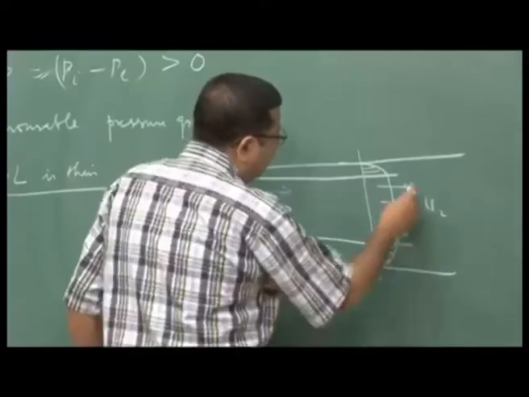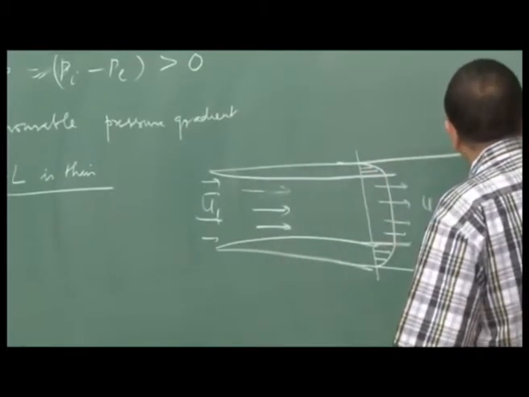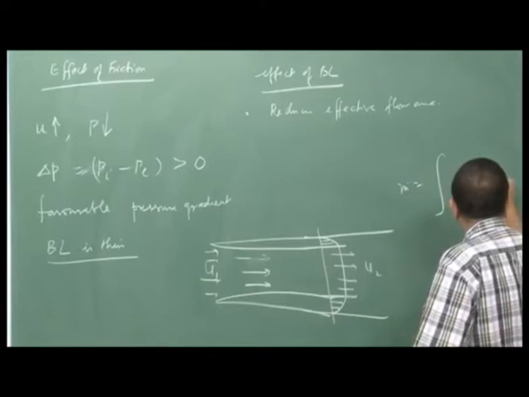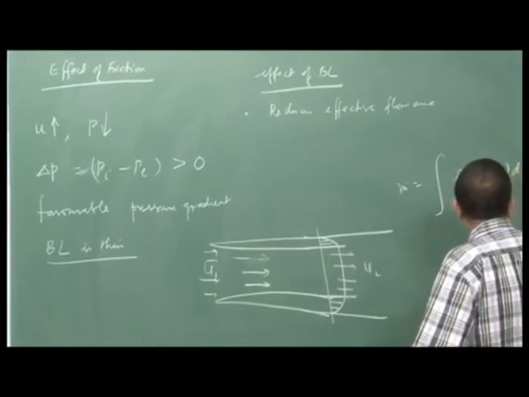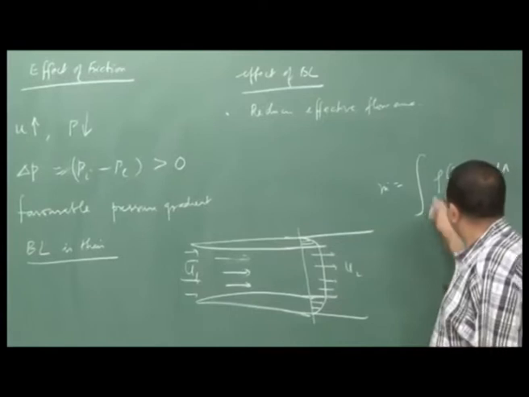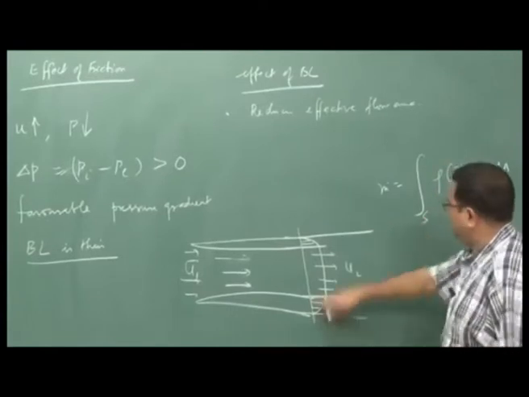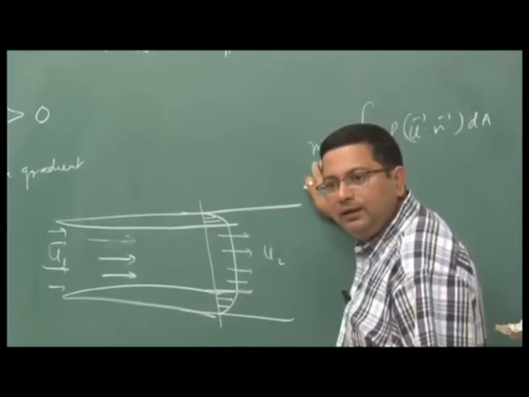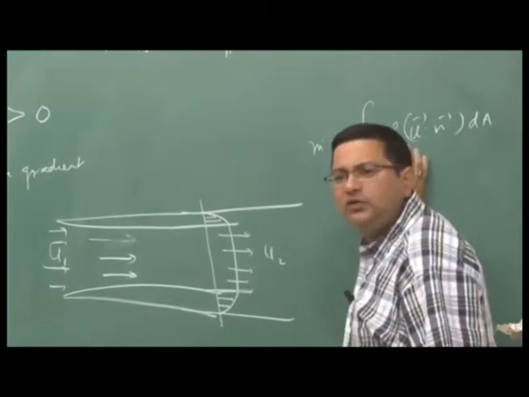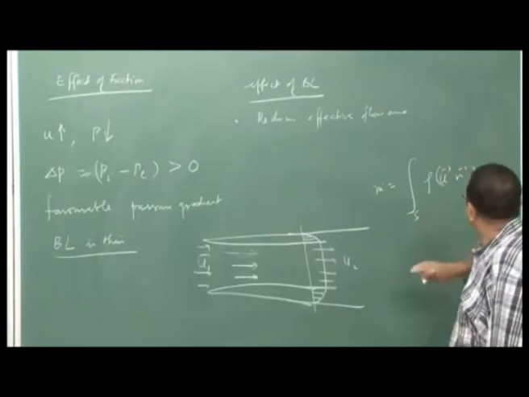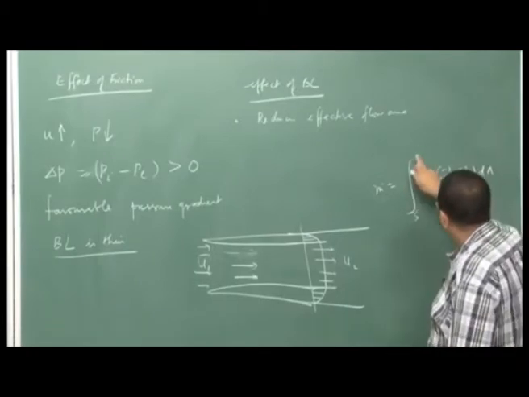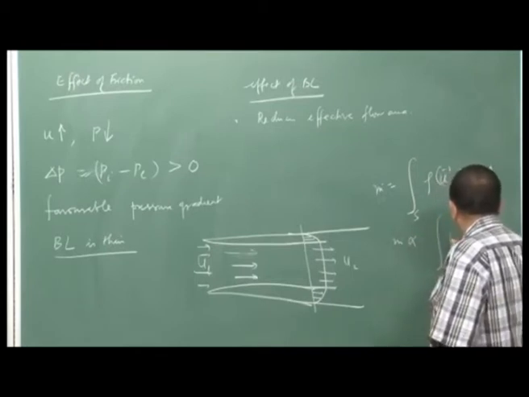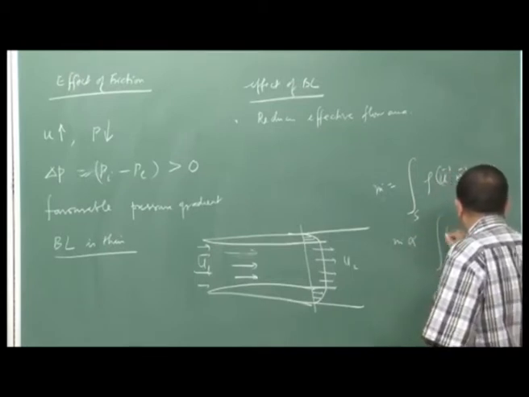Now, our mass flow rate m dot is integral rho u dot n dA, right, over the surface, let us say over this area. So, mass flow rate is given like this. If we consider the density is constant, in that case the mass flow rate is proportional to integral u dot n dA.